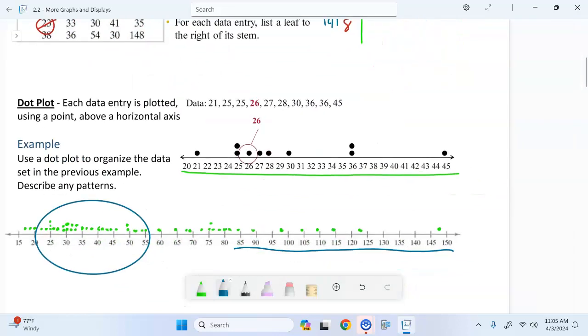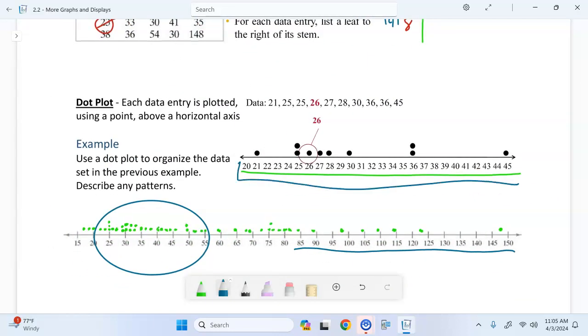The example here, we have a smaller range of only 25, much more manageable, and we can quickly see the numbers 25 and 36 have our highest frequency. We have a big gap in the 30s and the 40s. Okay, we can see that visually much better with a smaller range of data. Even if I added in more data values to my dot plot because I have a larger set of data.